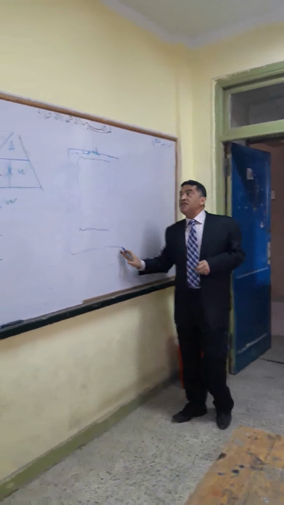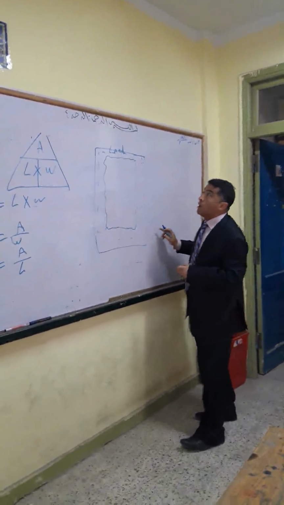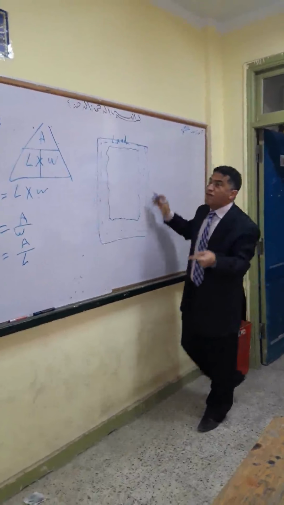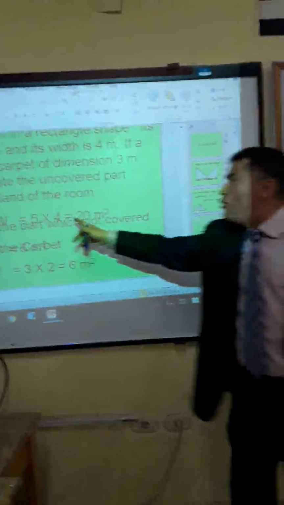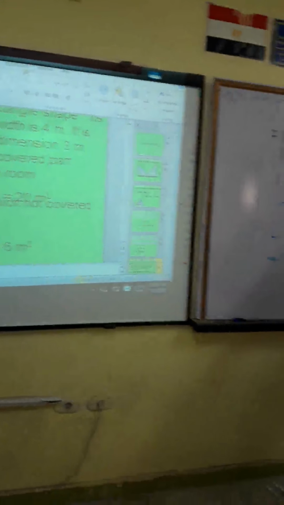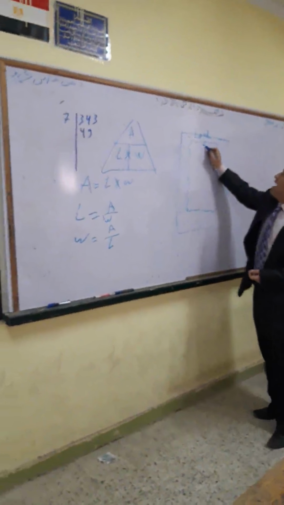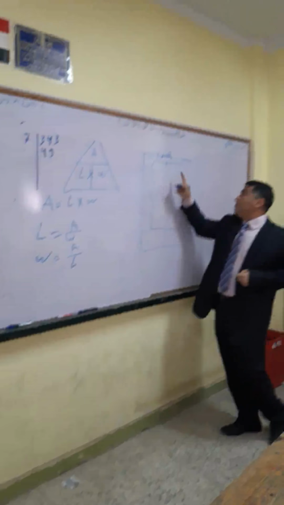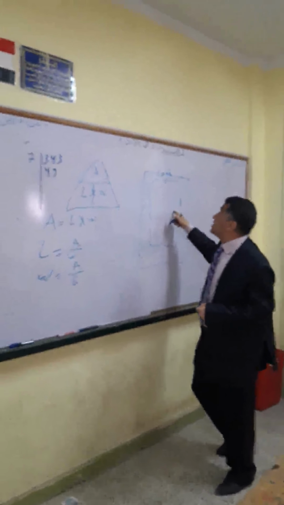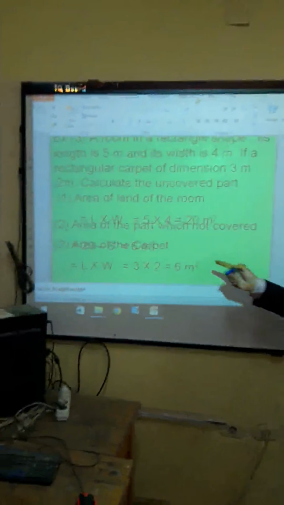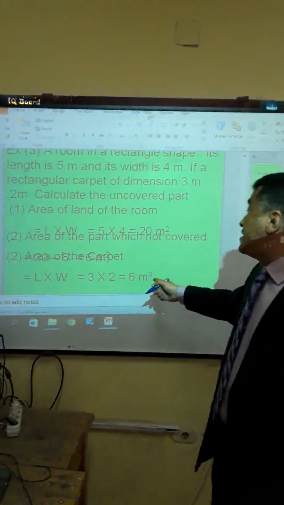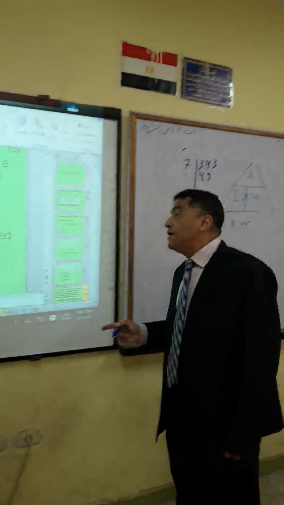Area of the space equals area outer minus area inner. Area outer, area of the land, 5 times 4, 20. Area inner, area of the carpet. The carpet has 2 meter and 3 meter. 2 times 3 equals 6 meter square. Area of the carpet is 6 meter square.